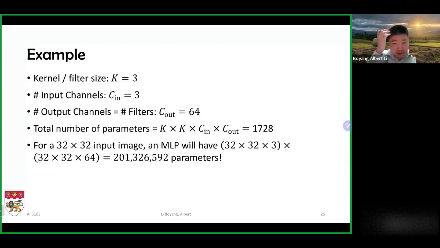We can contrast that with a multi-layer perceptron and how many parameters the MLP network would use.